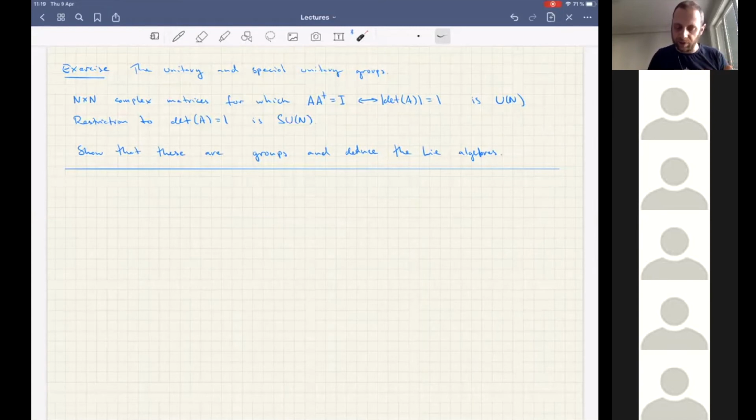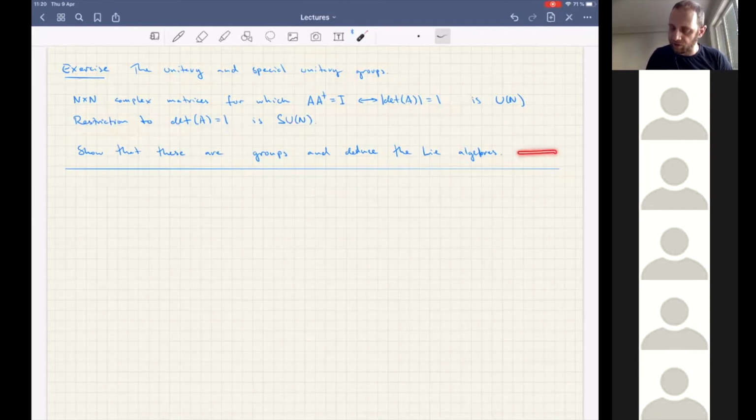And this group is called the unitary group. And if we restrict that group to those matrices which have determinant equal to 1, rather than the absolute value of the determinant equal to 1, we get the special unitary group, SUn.